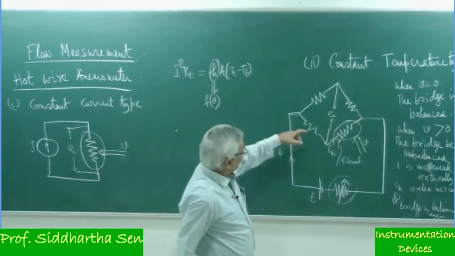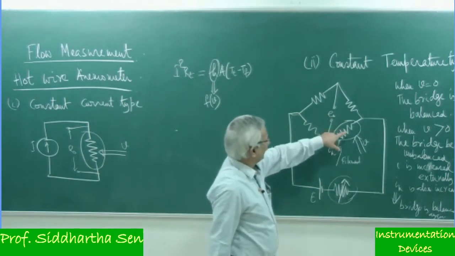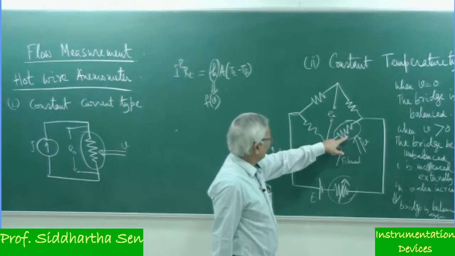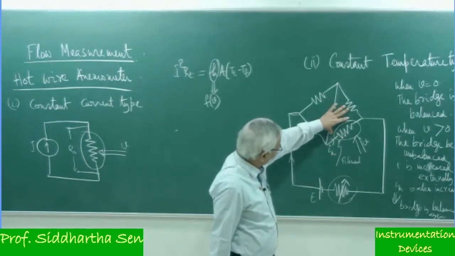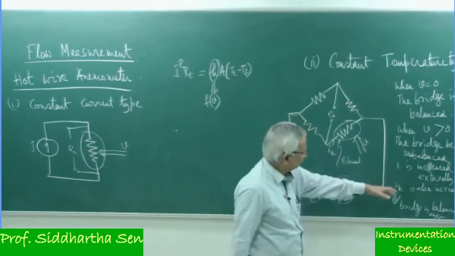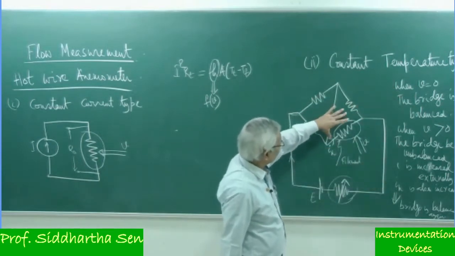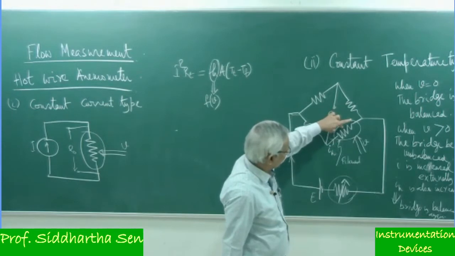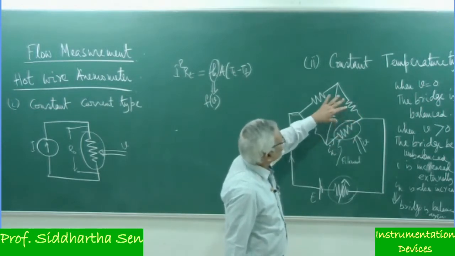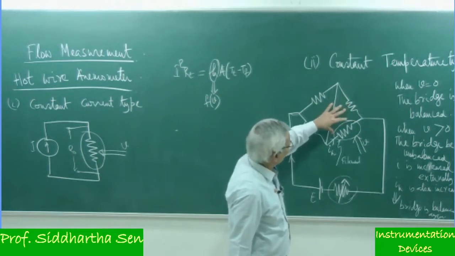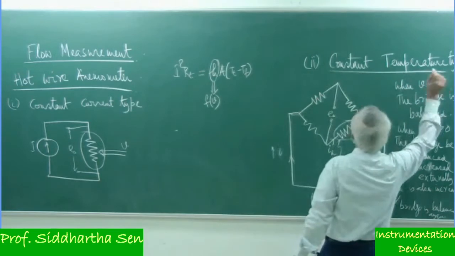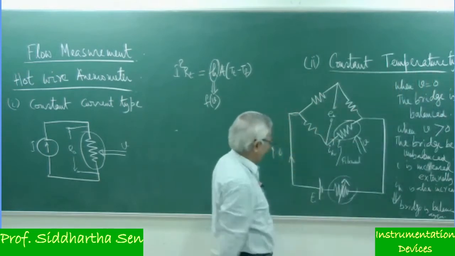It means that whenever I have brought it back to the balance position, the resistance of the filament is back to the no flow condition, even with the flow. Or we can say the temperature of the filament will remain the same. That means it will be constant. So that's why the name is constant temperature type.